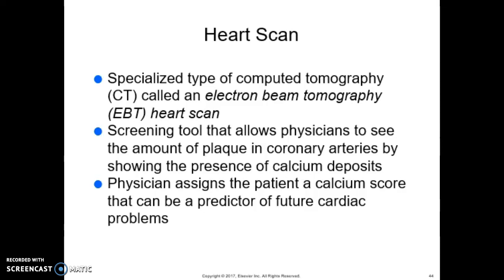Physicians assign the patient a calcium score that can be a predictor of future cardiac problems. So calcium makes up approximately 20% of the arterial plaque deposits. The heart scan takes less than 5 minutes and does not require any needles or injections. So that's nice. It's a very convenient scan.